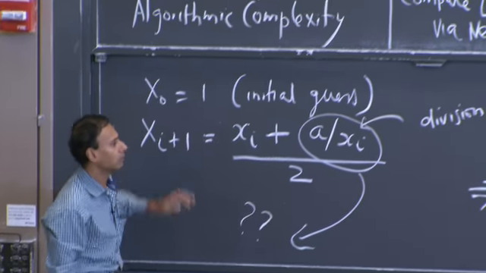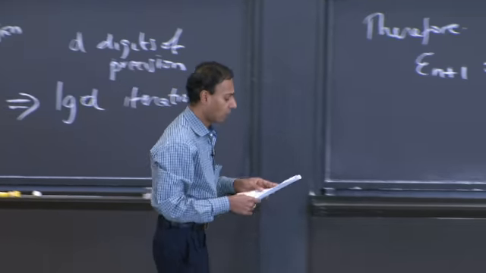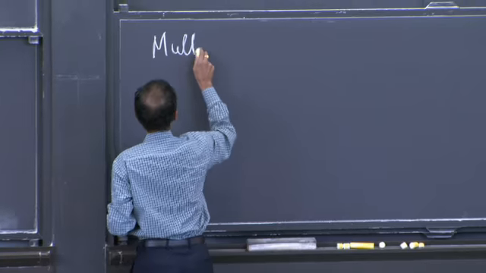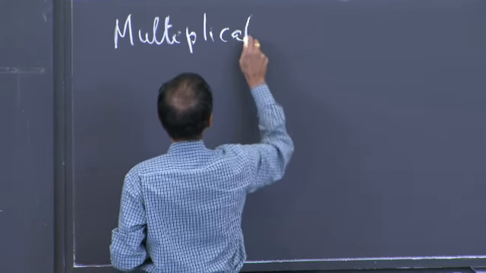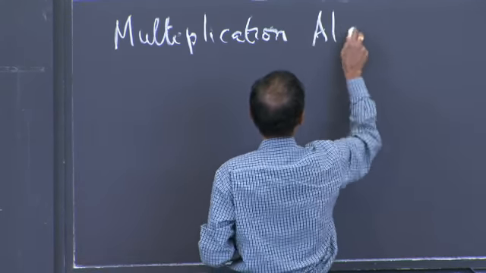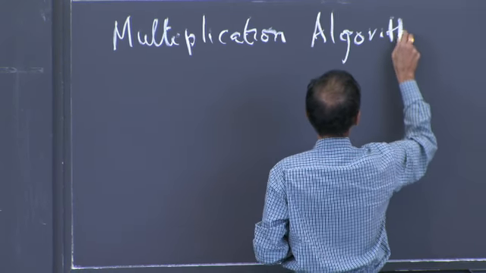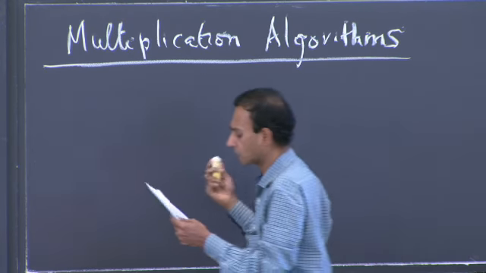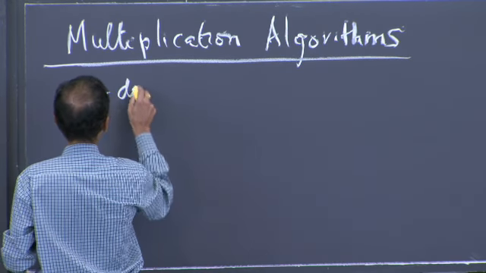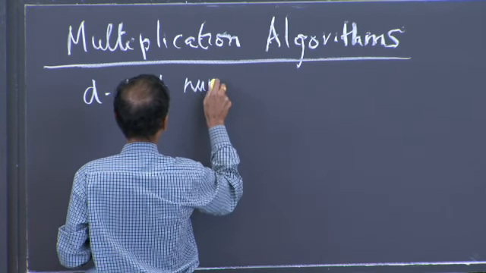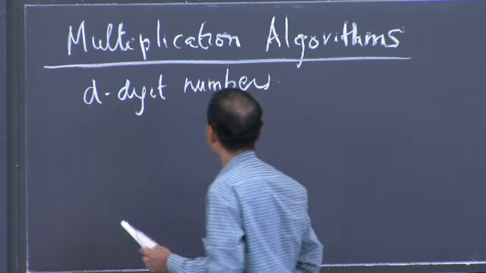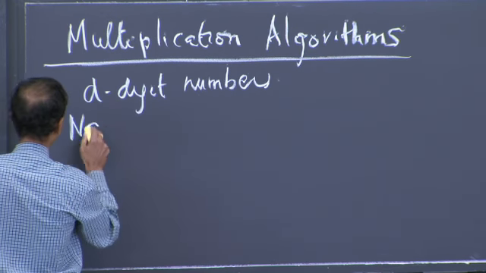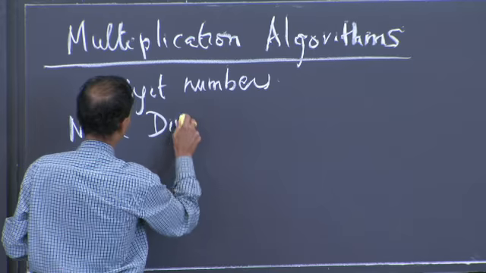And then we talked about multiplication last time. I want to revisit that. We have multiplication algorithms, and we want to be able to multiply d-digit numbers. And the naive algorithm, you can imagine doing divide and conquer.